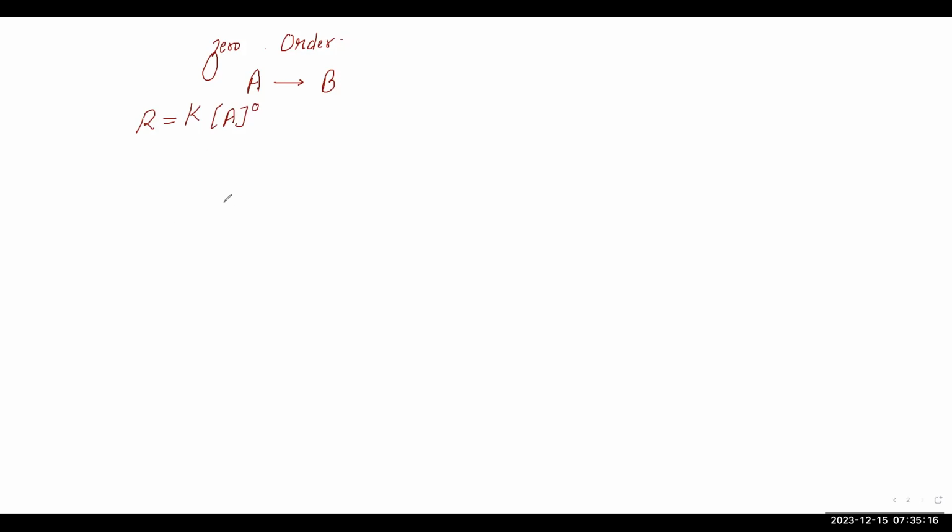Anything raised to power 0 is 1, so rate equals K. But what is rate for this? Rate is minus delta A over delta t, the change in concentration of the reactant over time taken. We are okay with this?